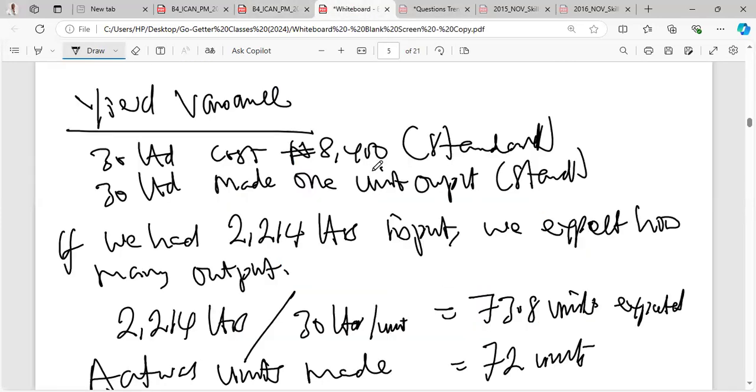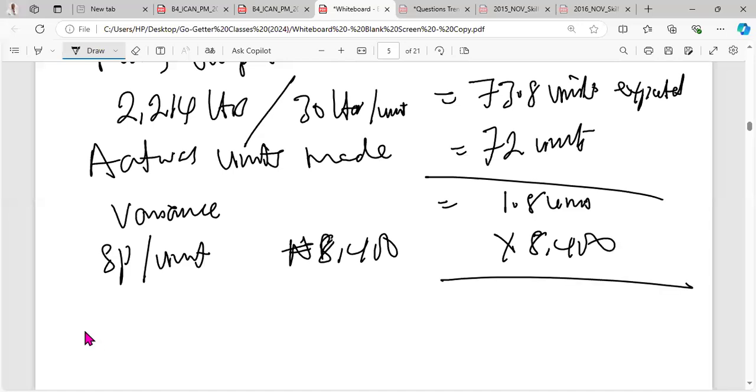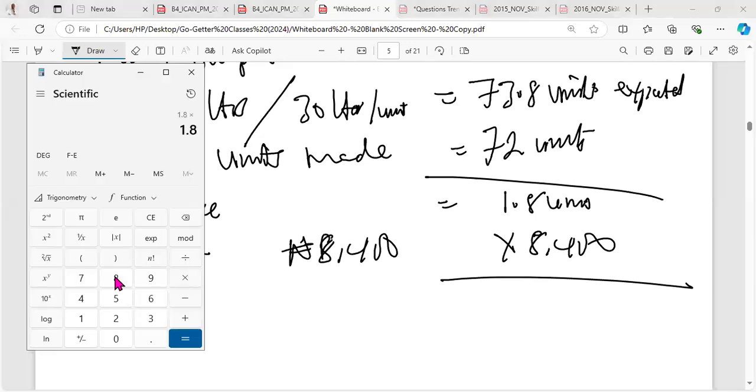So we multiply 1.8 by 8,400. That gives us 15,120 favorable.